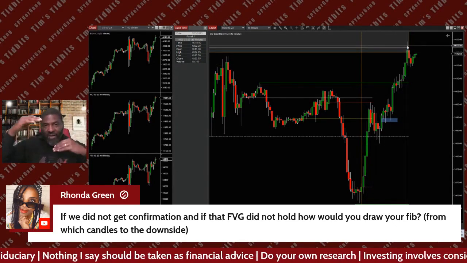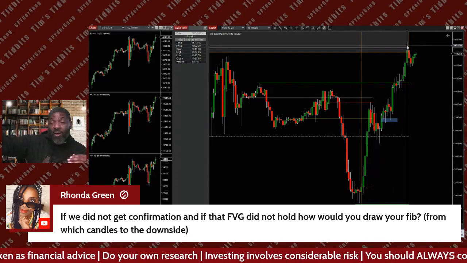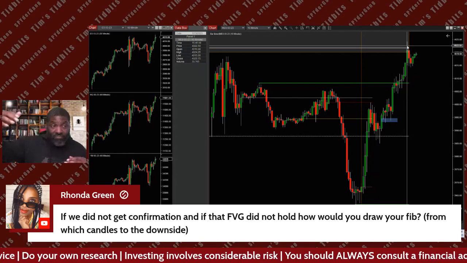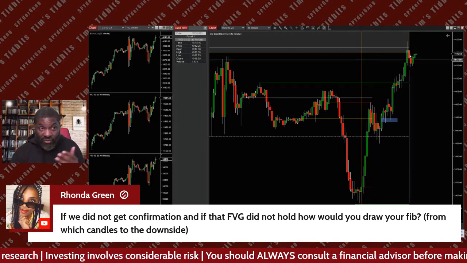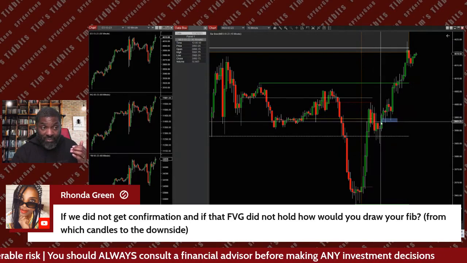Depending on the time frame you're doing it on, you may get there today, you may get there tomorrow, you may get there next month. Because if these were daily candles, this would be a really long time, right?